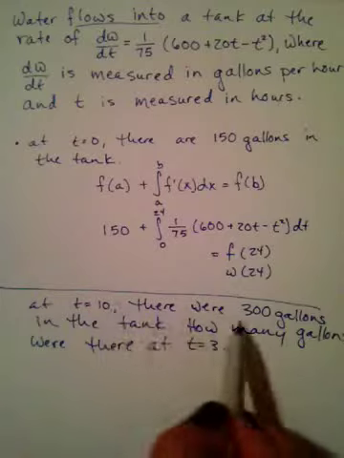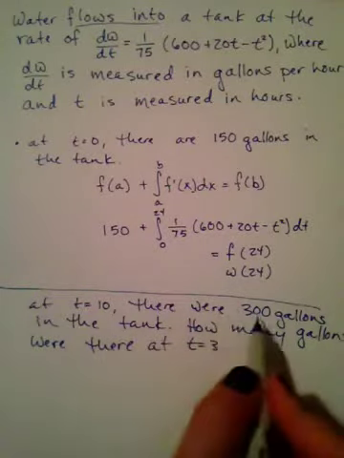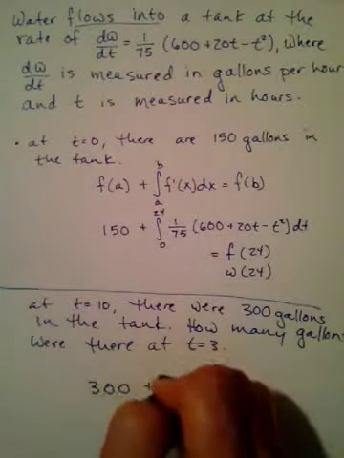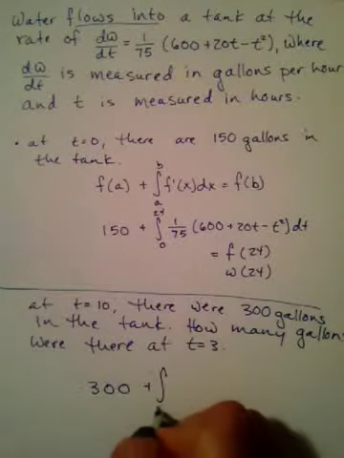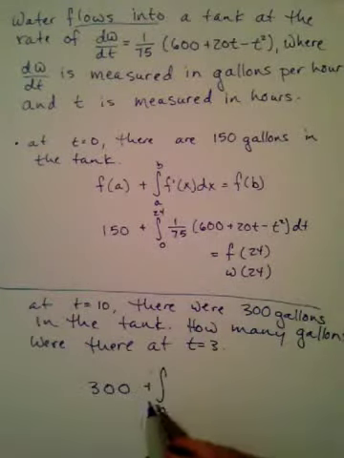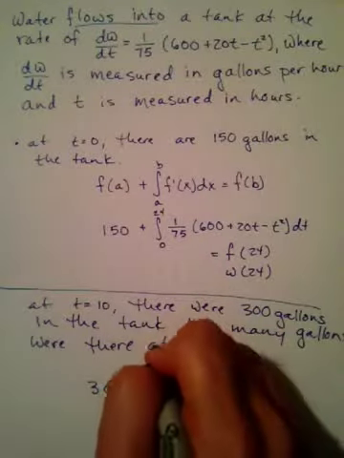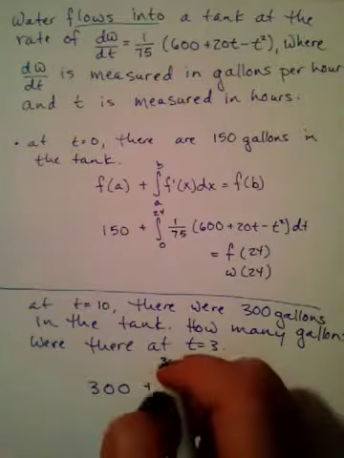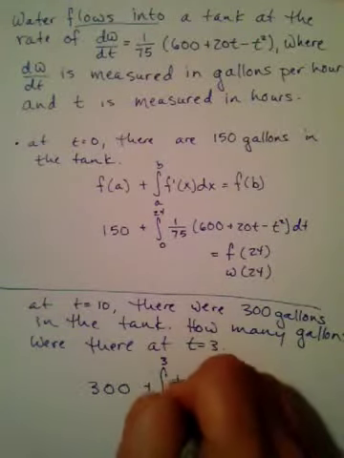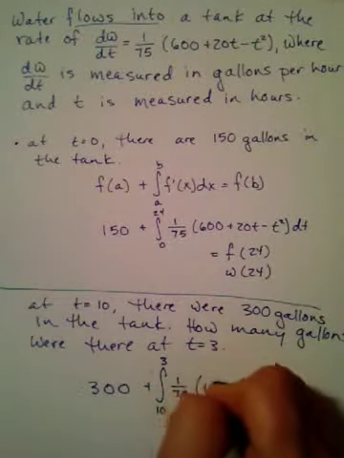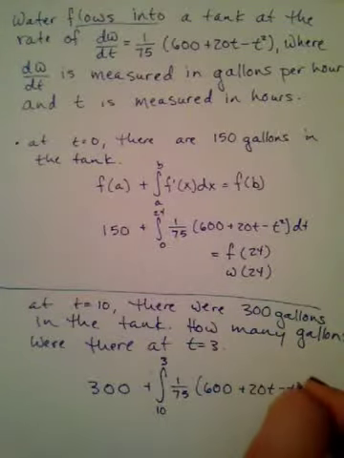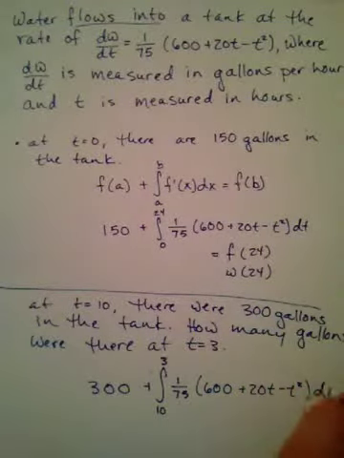But I'm going to just write my integral like this. So at time 10 there are 300. So 300 is my start amount. But that goes right here with this 10. I'm getting the net change from 10 to 3 of my dW/dt, or I could just say the 1/75 times (600 + 20t - t squared) dt.